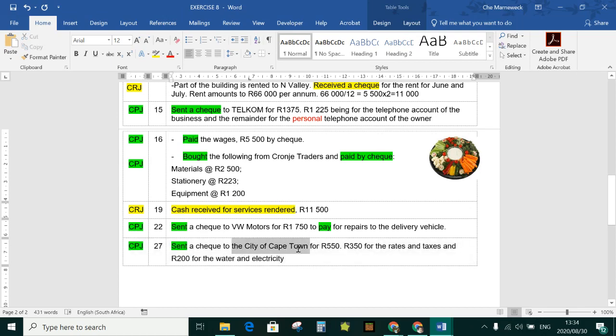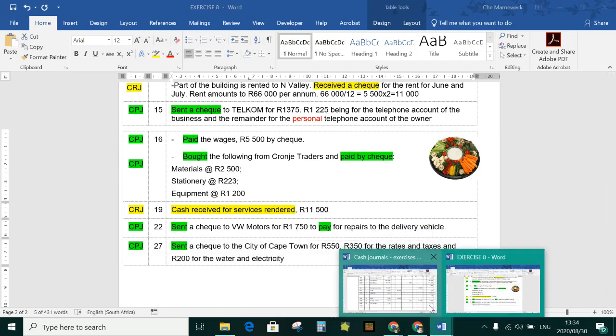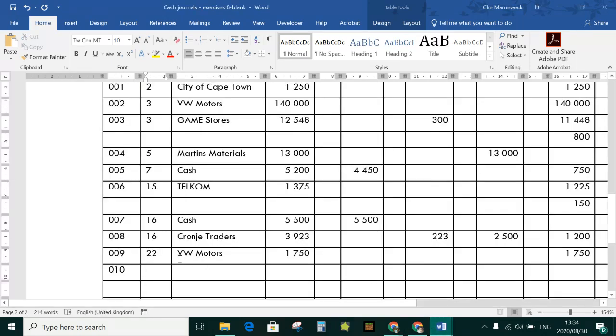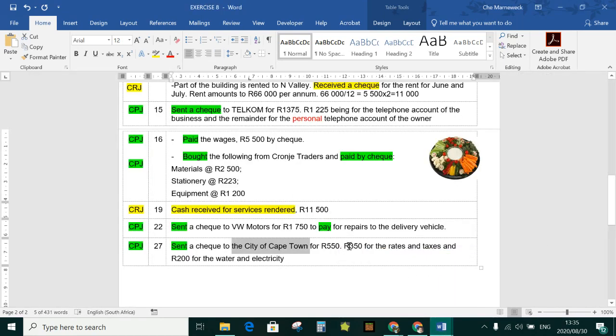We've sent a check to the City of Cape Town for 550. So this is happening on day 27, City of Cape Town. And we are paying 550 Rand. What are we paying for? 350 is rates and taxes, 200 water and electricity.